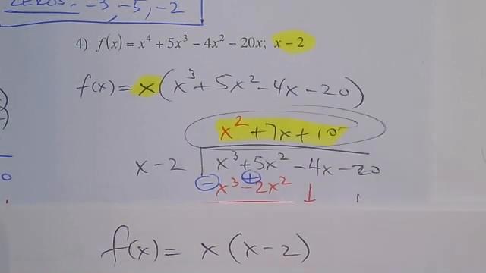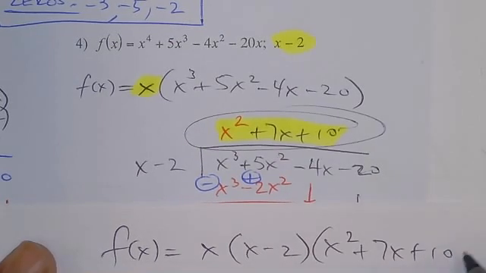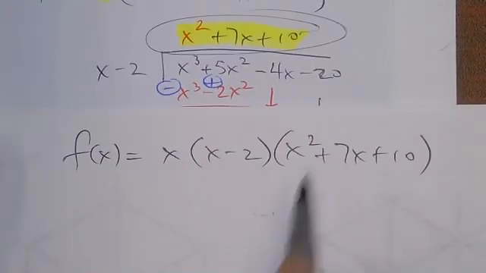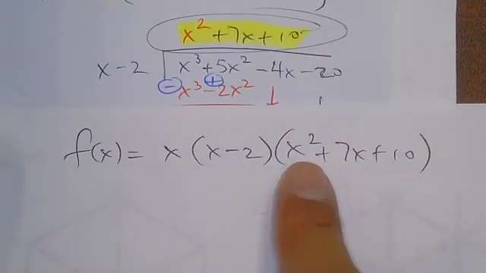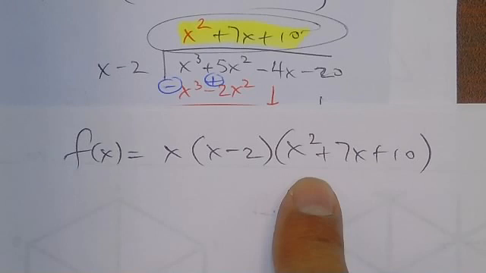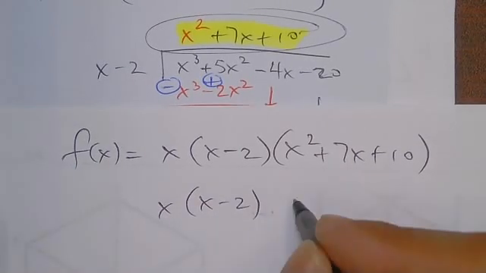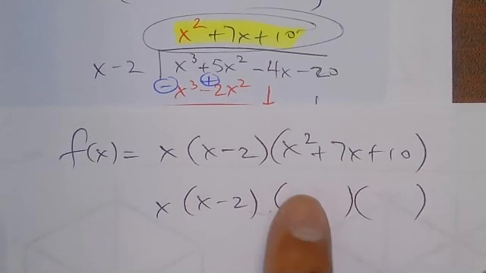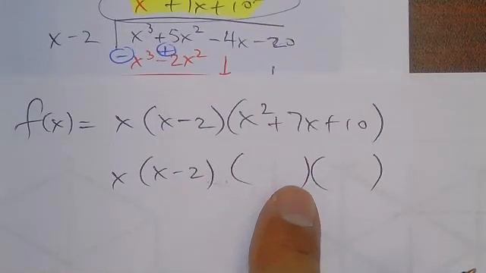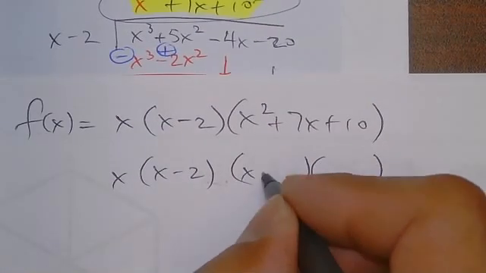That is f of x is equal to x times x minus 2, and then I just got this x squared plus 7x plus 10. But what am I telling you once you get it to a quadratic? It's going to be factorable.